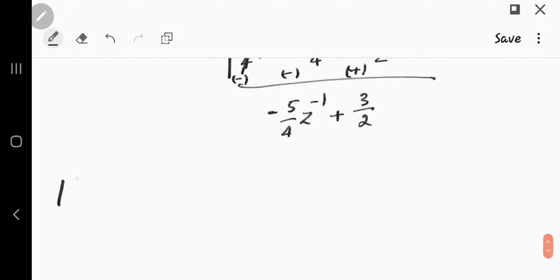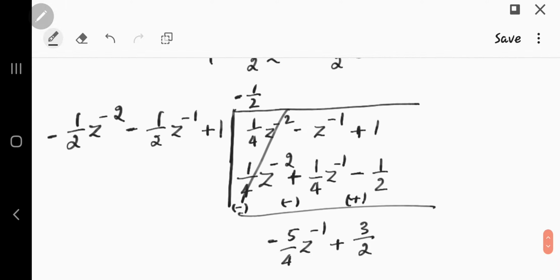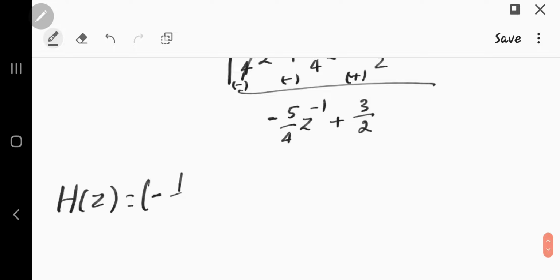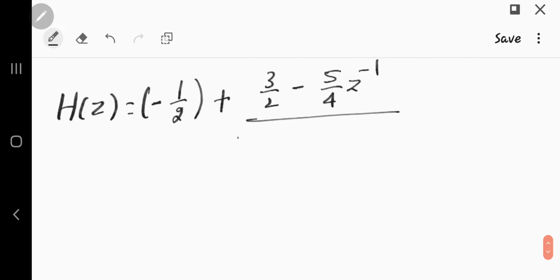Based on this, our h of z is equal to, first we write the quotient, minus 1 by 2, plus then the remainder, minus 5 by 4, or you can write in the standard form 3 by 2 minus 5 by 4 z inverse, divided by the denominator 1 minus 1 by 2 z inverse minus 1 by 2 z power minus 2.